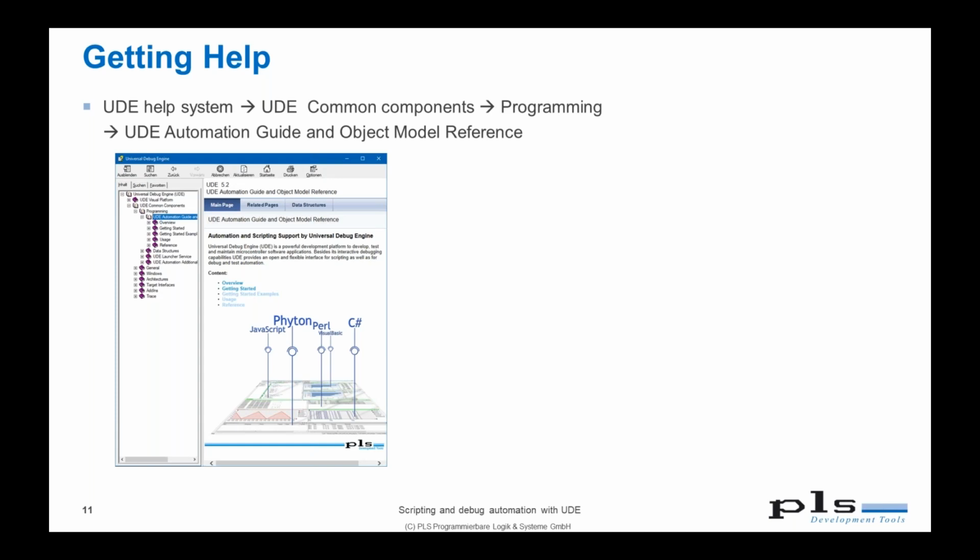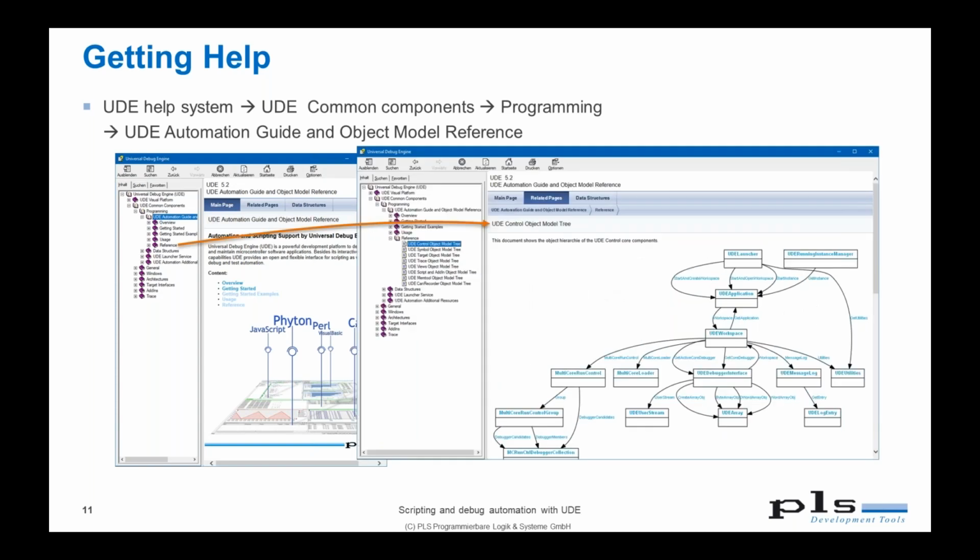And here you will find the UDE Automation Guide and Object Model reference. And from there, you get the object tree. And here you have a clickable map, if you like, in order to get the description of each object model component of each object of the debugger.